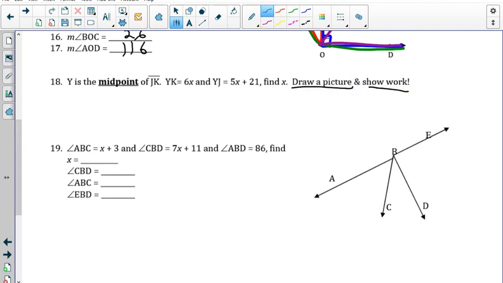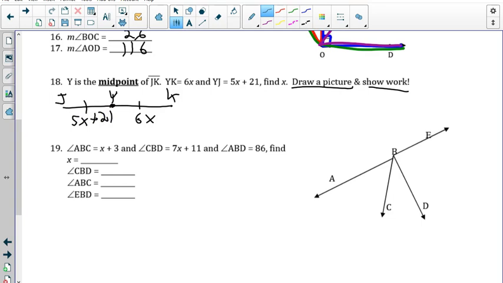All right, this one doesn't give you a drawing, but it tells you draw a picture and show your work. So I'm going to draw a line here. It says midpoint, so I know I'm going to have this right off the bat. It says Y is the midpoint of JK. It says YK is 6x. That's this part right here. YJ is 5x plus 21. That's this part right here.